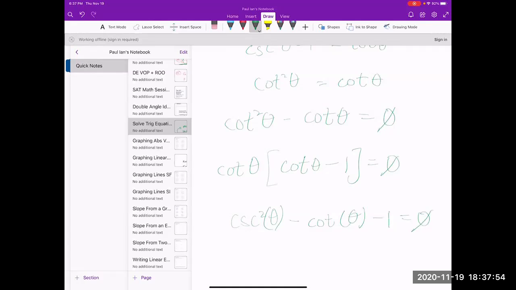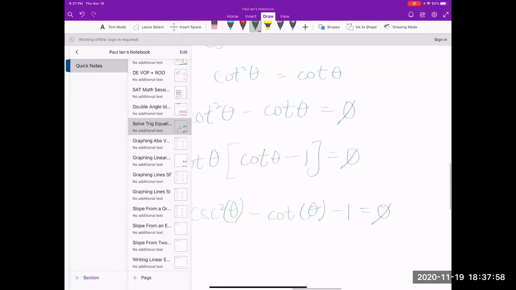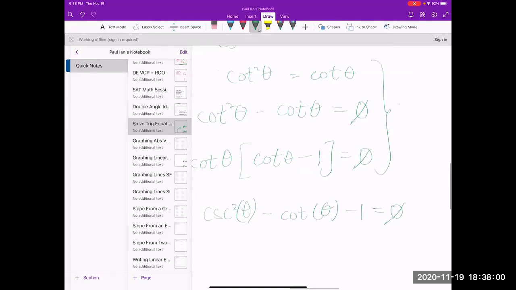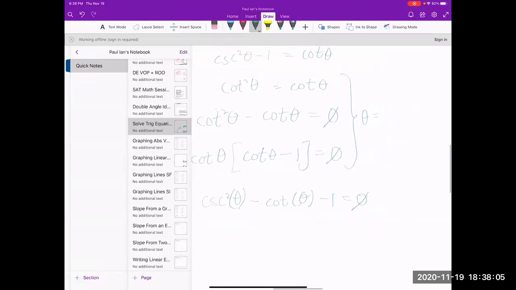So I got cotangent squared plus 1 equals cotangent theta plus 1. And what was your final theta? It was pi over 4, pi over 2, 5 pi over 4, and 3 pi over 2.